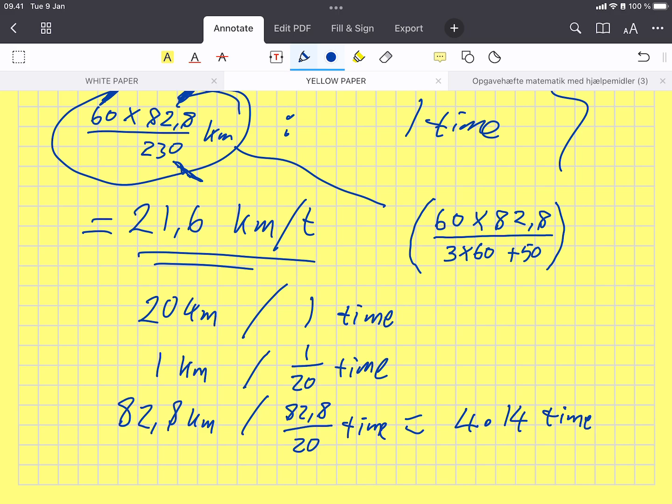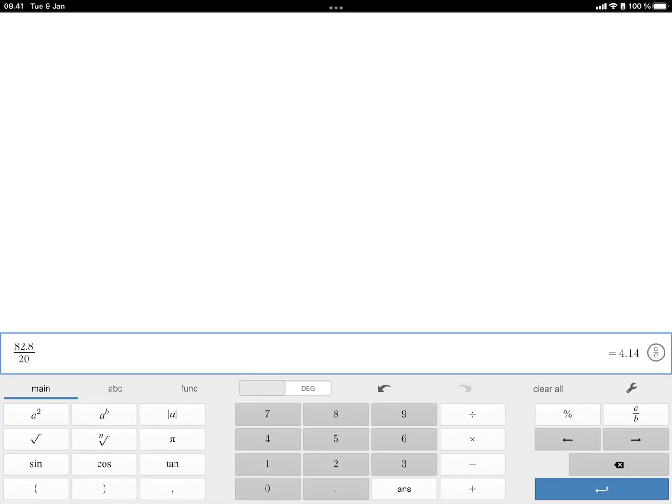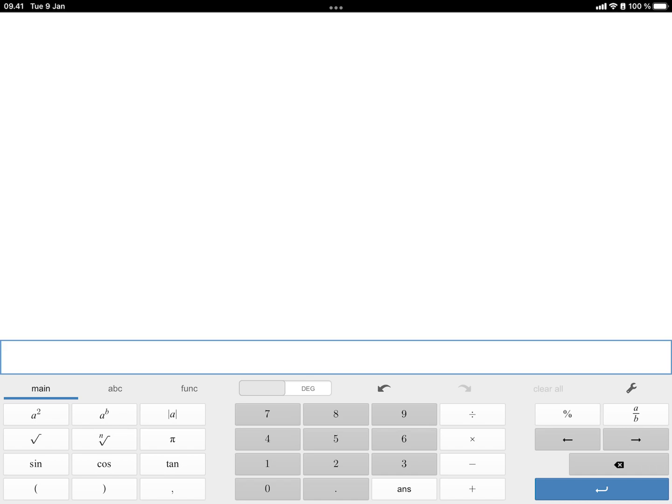So back to the calculator. 0.14 of an hour is 0.14 times 60, about 8 minutes.